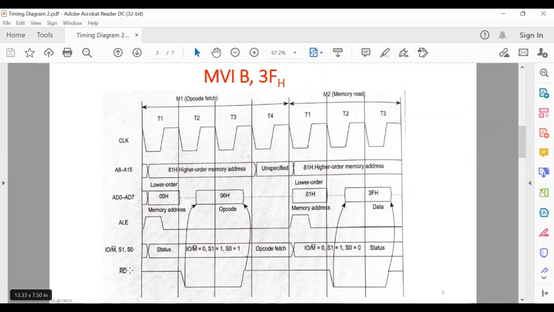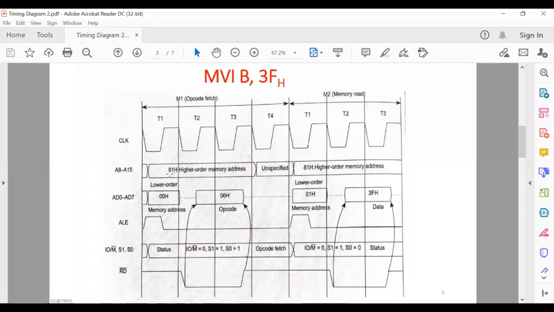The code 06, which is the opcode, is fetched from memory location 8100. Here it is assumed to be stored in 8100. I assumed it was stored in 8050? No problem. If it is not given in your problem statement, you can assume any memory location.